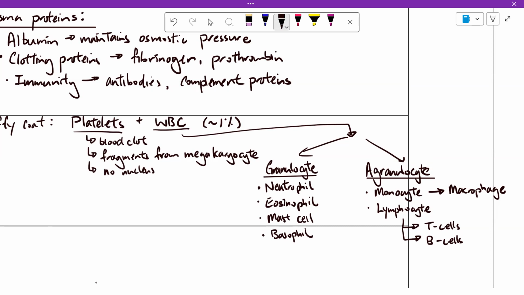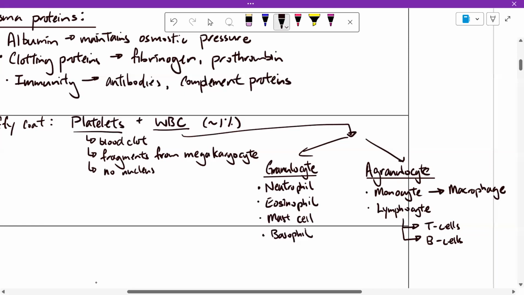You can organize them based on appearance: granulocytes have granules under the microscope, and agranulocytes don't. Or you can group them based on function. Which ones are phagocytes? Which ones play a role in inflammation? You can group them using different categories.